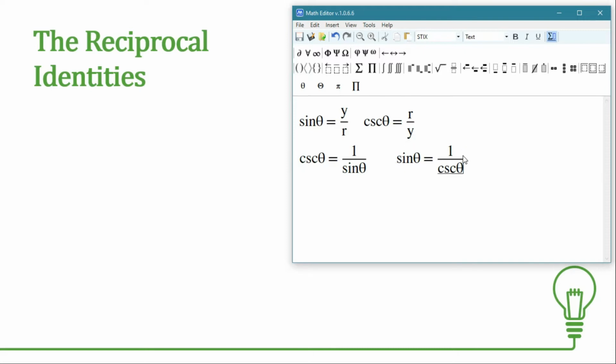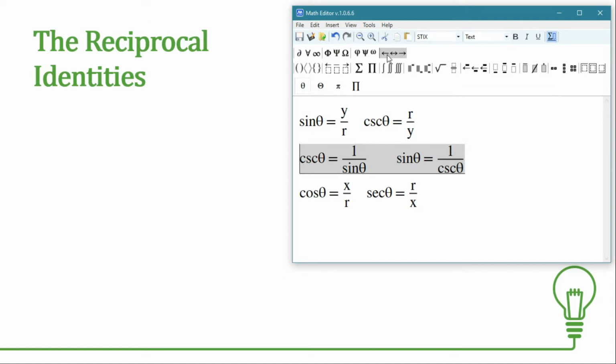Okay? And more so, if we define the cosine function of an angle as the ratio of the abscissa, or x, over the hypotenuse, we all know that the reciprocal of the cosine function is the secant function of an angle, which is equivalent to the hypotenuse over the abscissa.